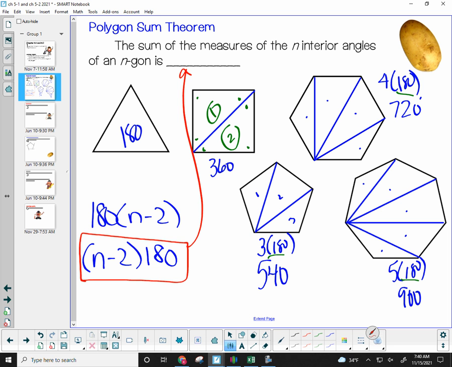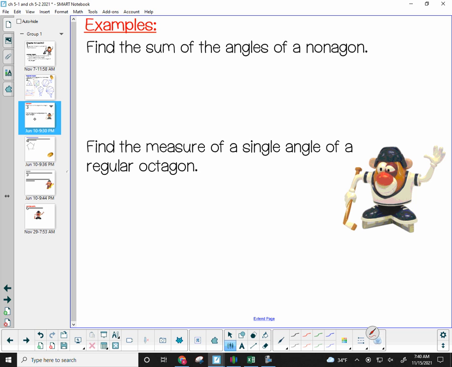All right, can I change this? It says find the sum of the angles of a nonagon. Sorry, I can't read all of a sudden. Find the sum of the angles of a nonagon. So how many sides does a nonagon have? That's 9, right? So I would have 9 minus 2. I need to multiply that times 180.